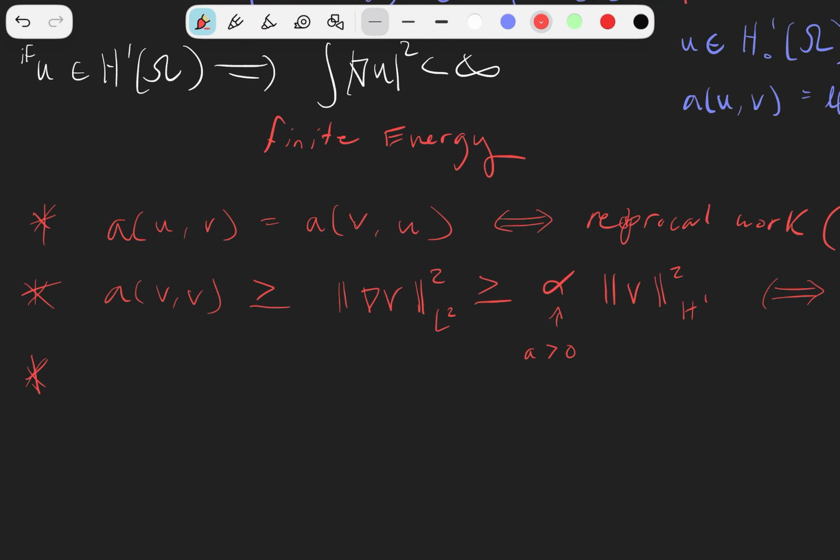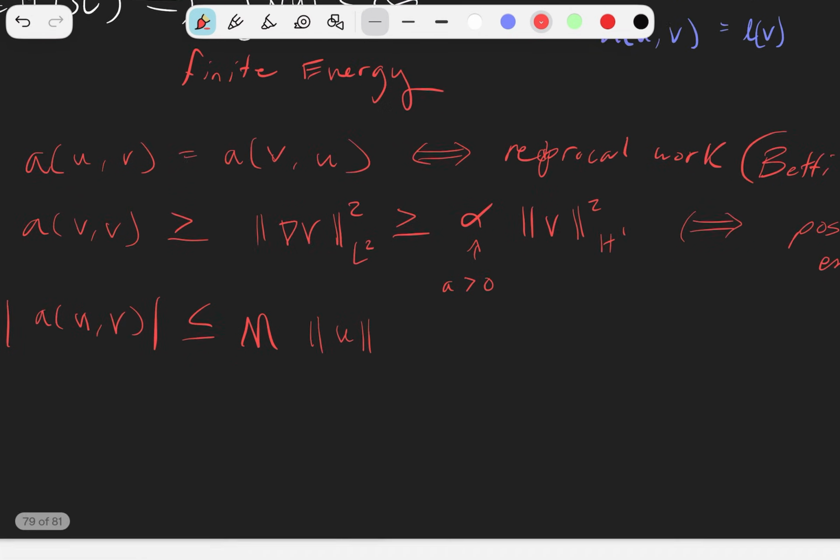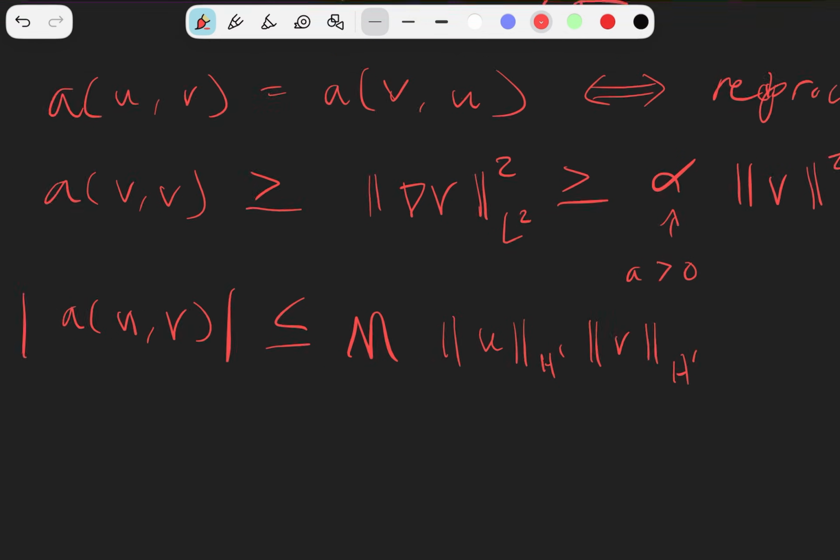The last thing is continuity. So if we have the size of this energy bilinear form, this should be bounded above by M times the norm of the actual field multiplied by the norm of the test function in the Sobolev space, okay?